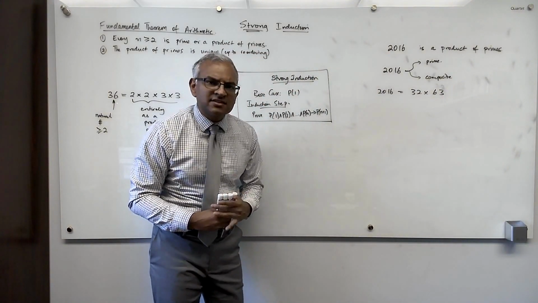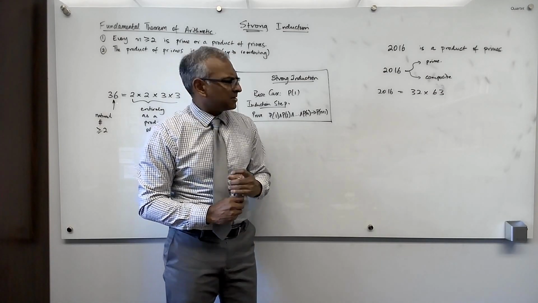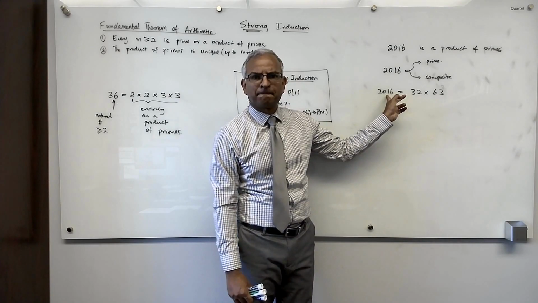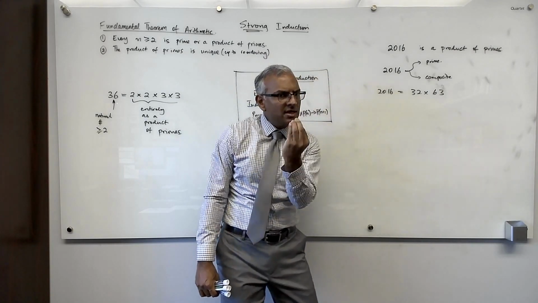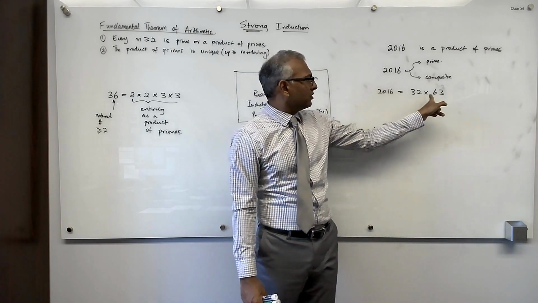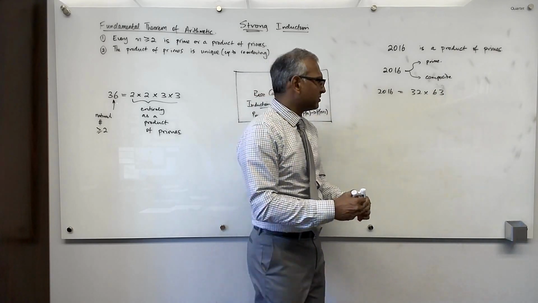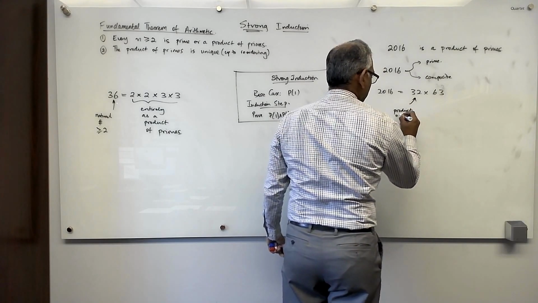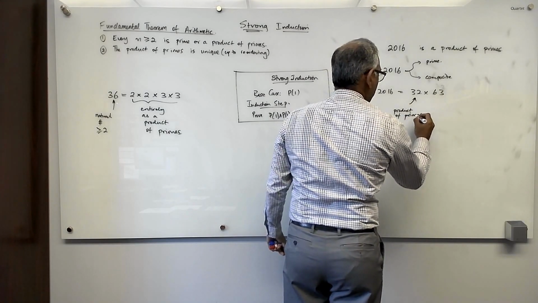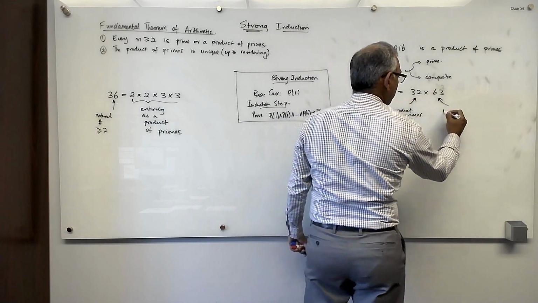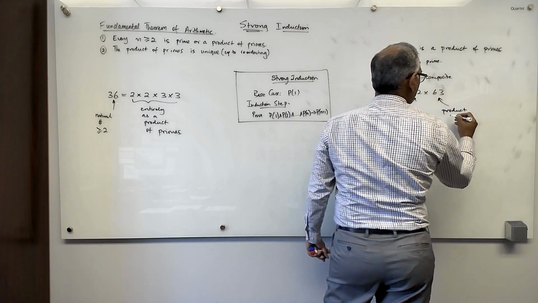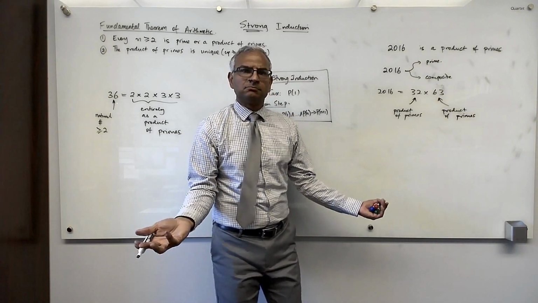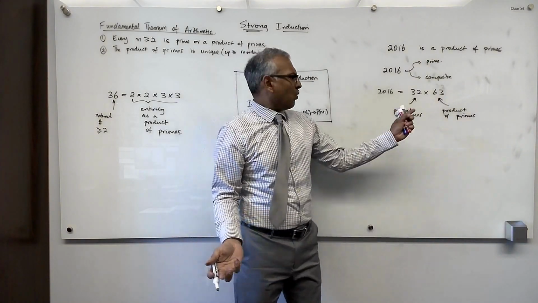And this is where the idea of induction comes in. So I'm trying to prove to you that 2016 is a product of primes. If I already know that 32 is a product of primes, and 63 is a product of primes, then I'm done. And I don't need to know what those primes are.